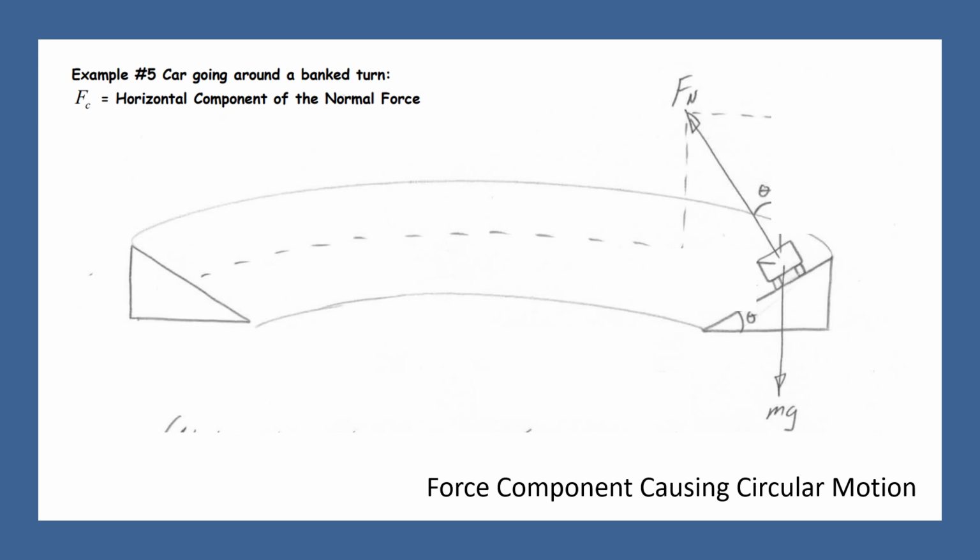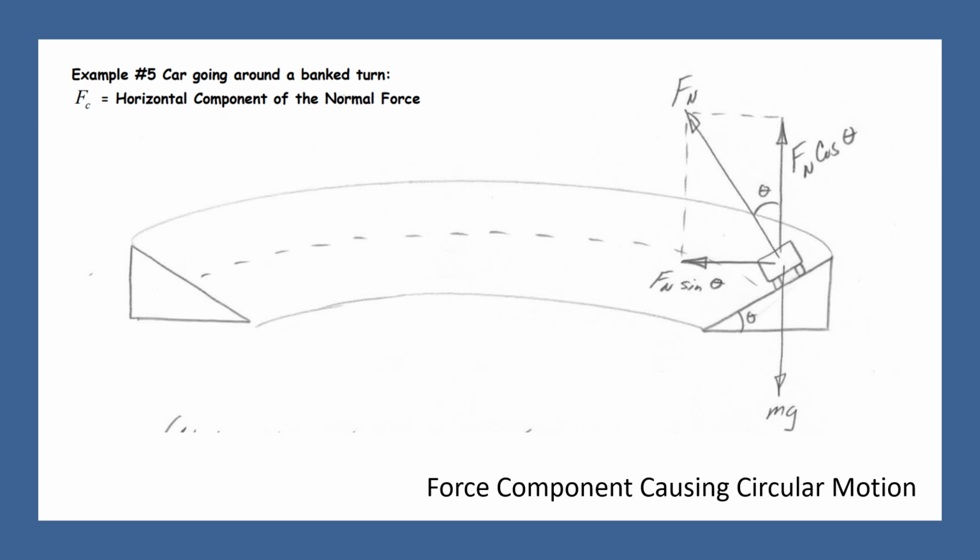Right now I don't really have anything pointed towards the center of the circle. So I'm going to look at the components of normal force, and in this particular one, because of theta, this is cosine, that is sine. Beautiful. There it is. Those are my components.